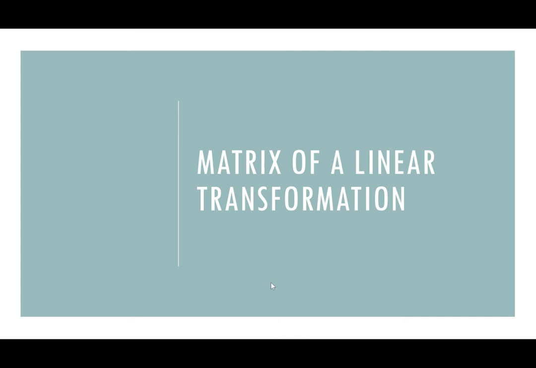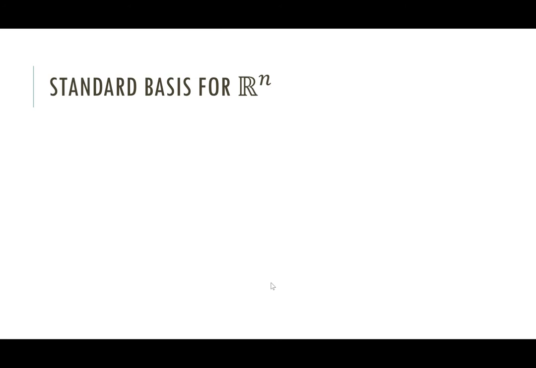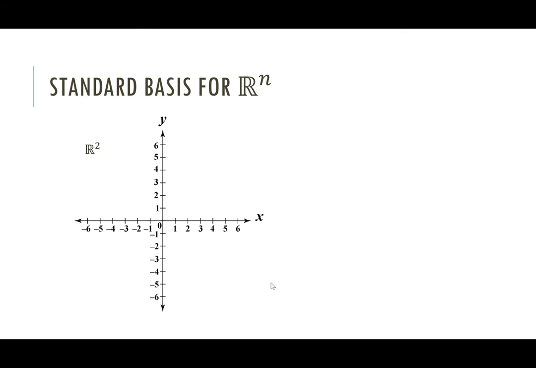So let's discuss. First, we're going to take what seems like a little detour and talk about the standard basis for Rn. So let's start with something we know. Let's look at R2. So the standard basis vectors for R2, well, our first one is the vector 1, 0. This is sometimes called i hat, especially if you're in physics.